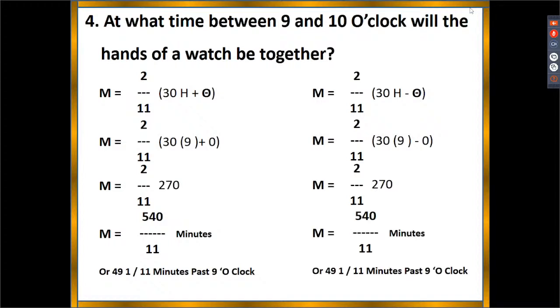So what is the final answer? If you use both formulas separately, 30h plus theta and 30h minus theta, you get one answer, 49 1 by 11 minutes past 9 o'clock. Clear to all of you? Next one.